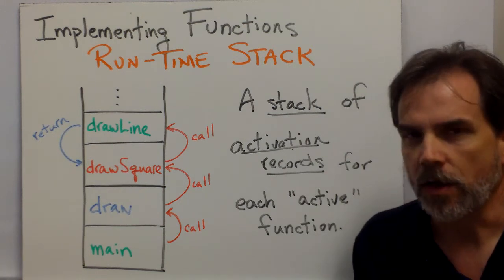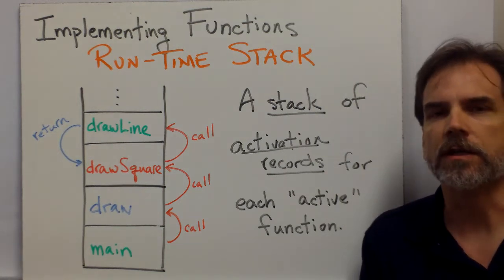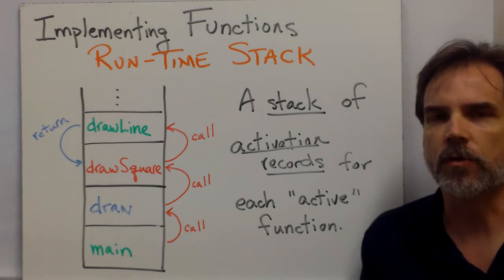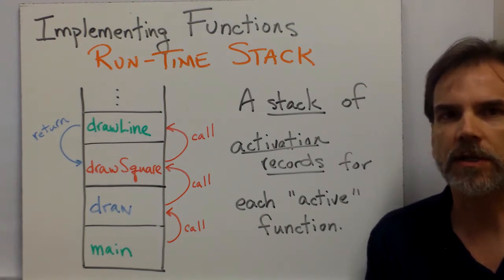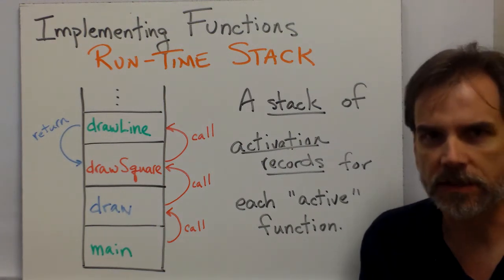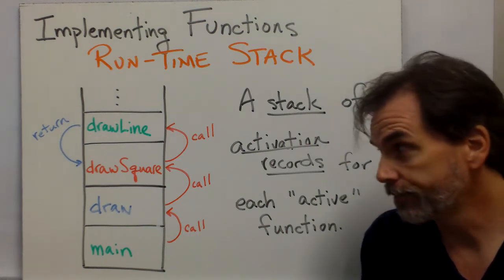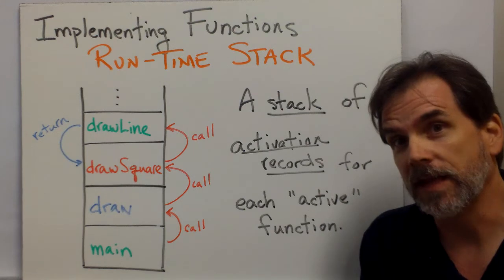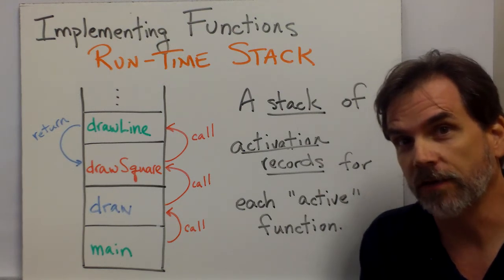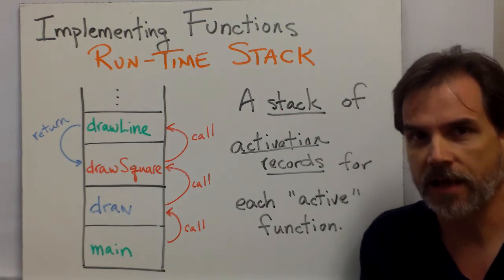The second thing you need to know is that the activation record is created dynamically. It's created when the function is called because it doesn't need to exist if the function is not executing. And the third thing you need to know is that the dynamic allocation of activation records is done on the stack.